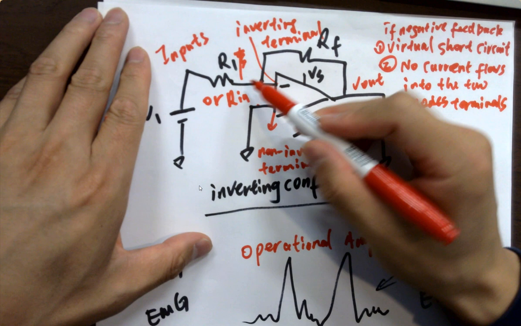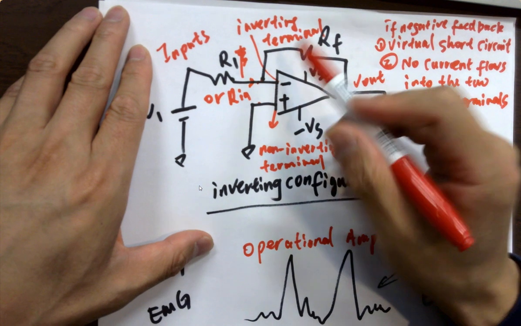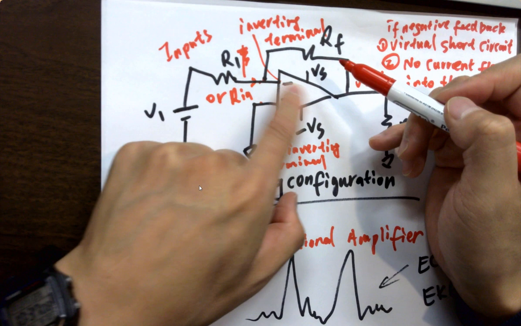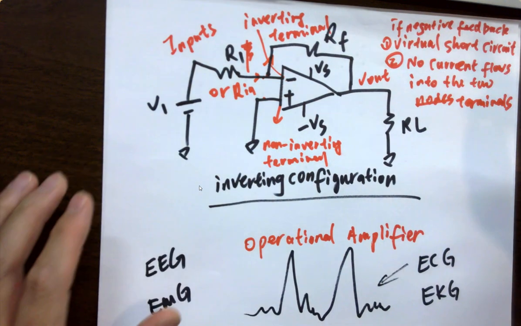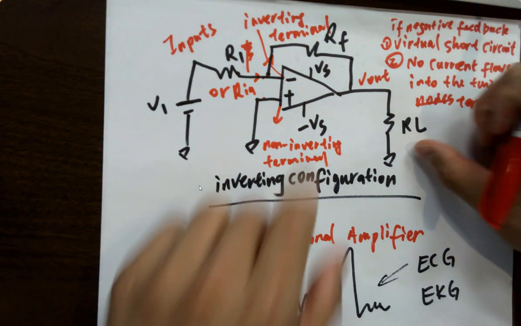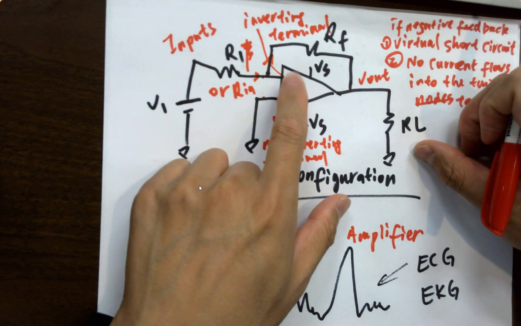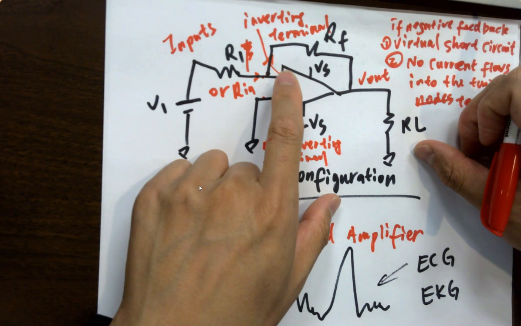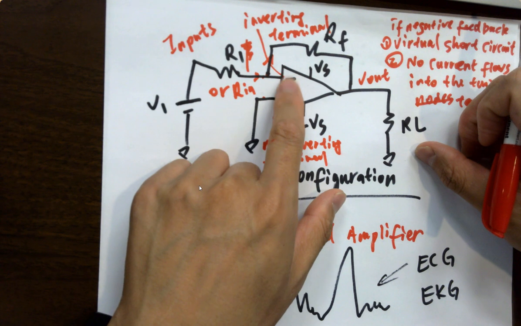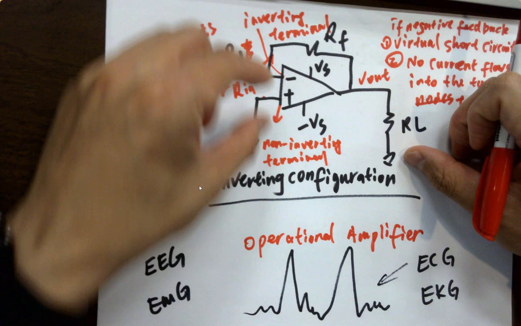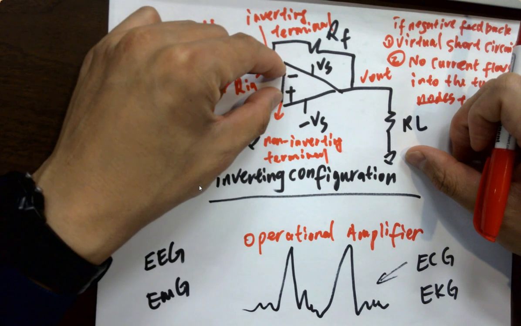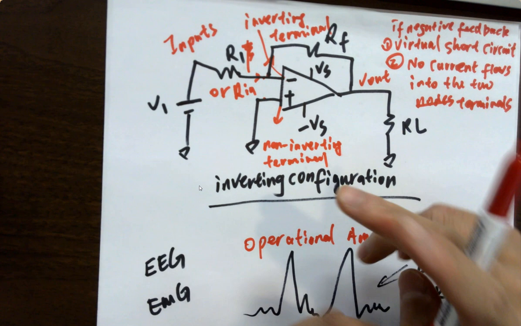Which means current arrives here, and it's not going into the triangle. It directly goes up, because it has a super high input resistance. For the input terminals, they have a super high input resistance. It's like a disconnected circuit. It's only holding the two voltages equal, but not allowing any current to get into the triangle.